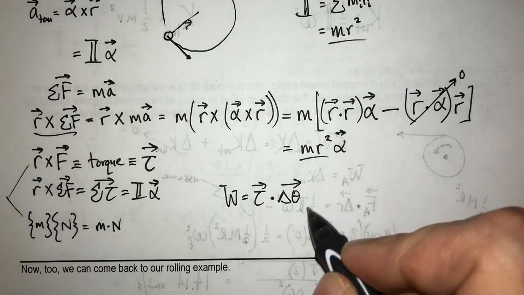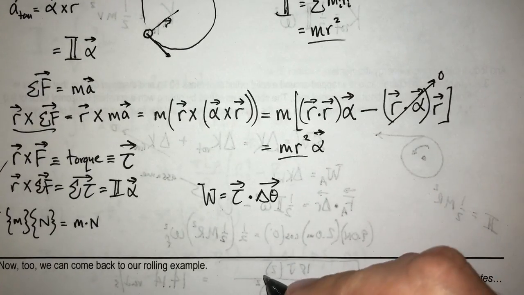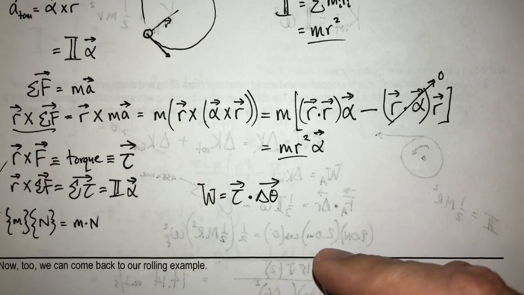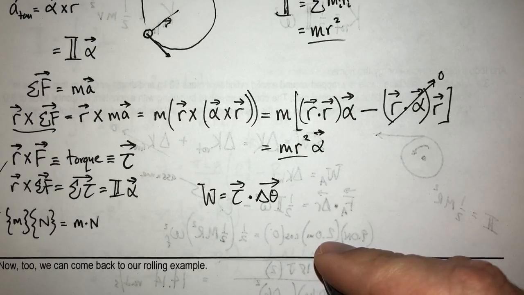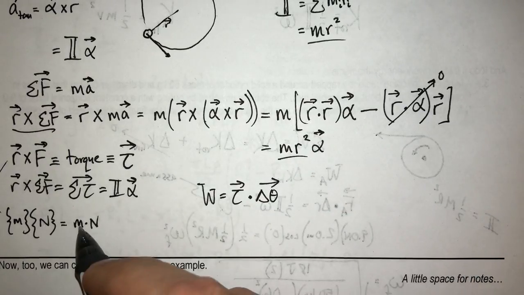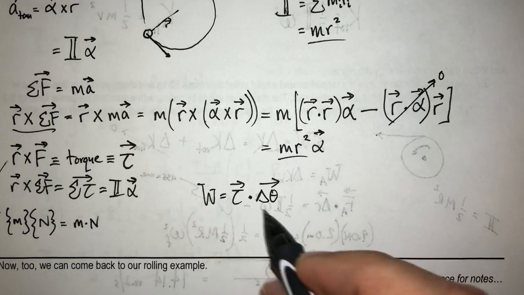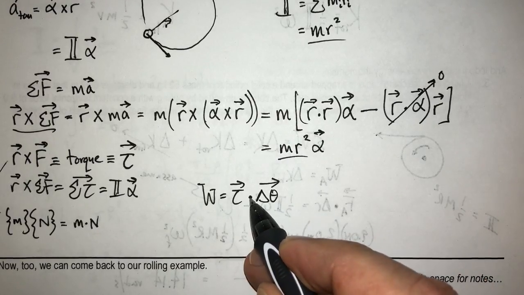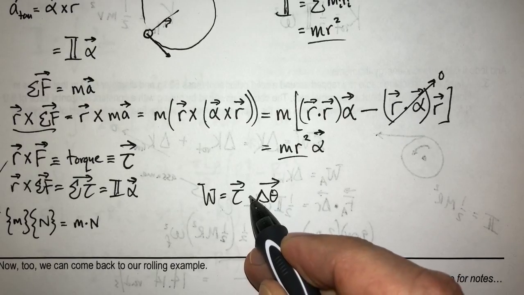All right, so does it actually yield joules? Well, yeah. Torque has the units of meter newtons, dot radians, and as soon as we dot, we end up with a scalar result.